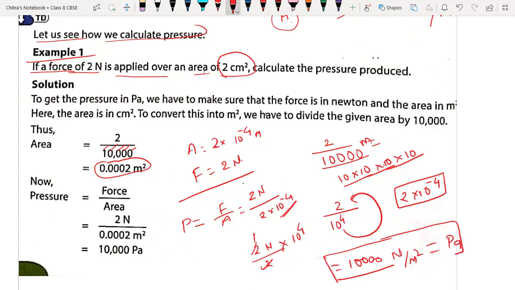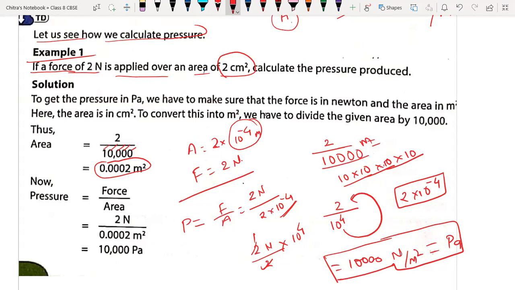But why do you need to write 10 to the power 4? You can directly write 0.002, right? Yes, but for that we have to divide again and again. If you write 10 to the power minus 4 or 4 here, it makes calculation easy. 10 to the power 4 means 10 into 10 into 10 into 10.